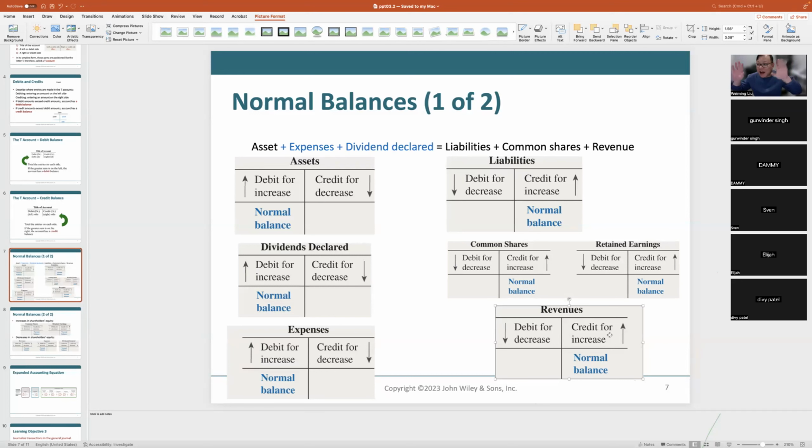Because these accounts are at the two sides of the equation. And every time I debit and credit in my journal entry, I have to debit and credit the same amount in order to keep that equation balanced. Yes, we are going to use these rules for the journal entries.